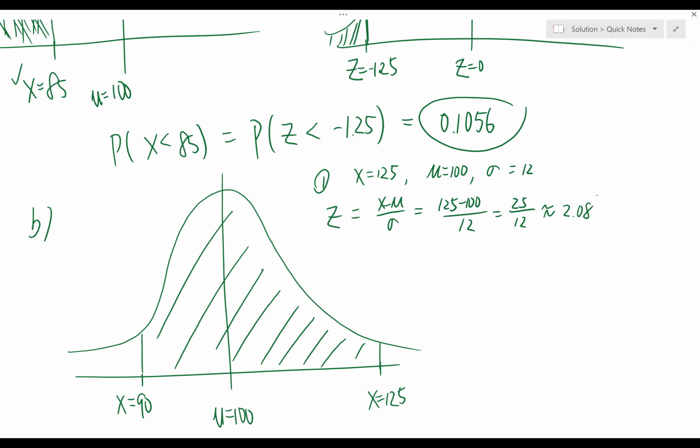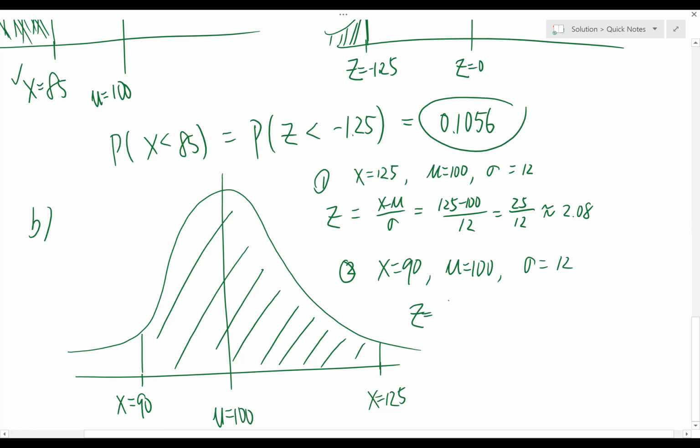But in Excel, we can use many more decimal places, meaning using the software, you'll be able to get much more accurate answers. The table has limitations. Second one, let's find out for IQ score equal 90, mean equal 100, sigma equal 12. What is the z-score?